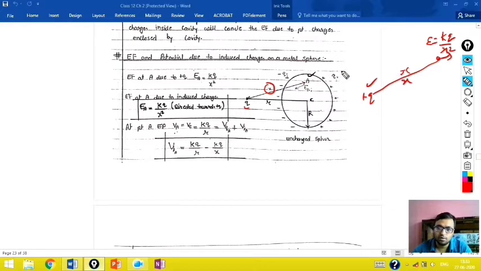But we have this metallic sphere over here, and inside a metal there should not be any electric field. So this minus Q charge will generate some electric field at this point A, and this plus q charge will also generate some electric field.